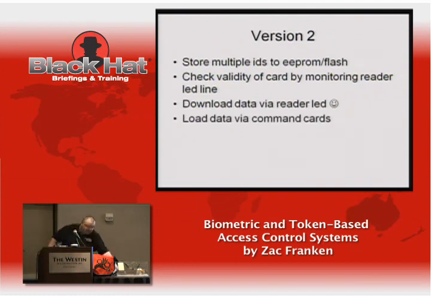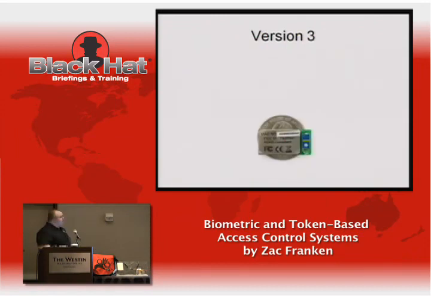So I've actually got a set of cards. I have a program card. I have a 0 card, I have a 1 card, and I have an end program card. So literally, you can go 0, 1, 1, 1, 0, 1, 1, and actually program an ID into the system. Version 3.